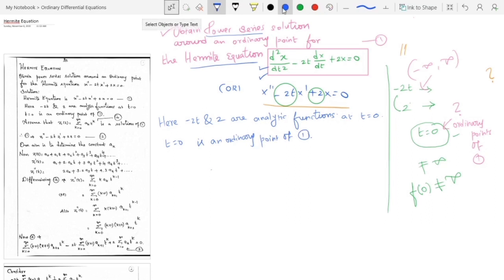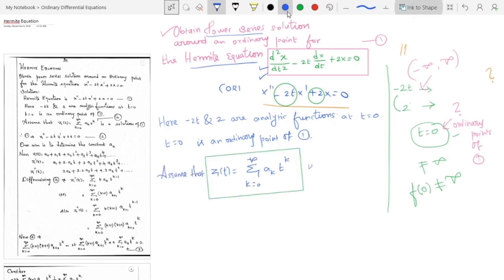So, let's assume the solution as z of t, that is summation a_k (t minus 0), that is t to the power k, where k varies from 0 to infinity, is a solution of the given Hermite equation 1.